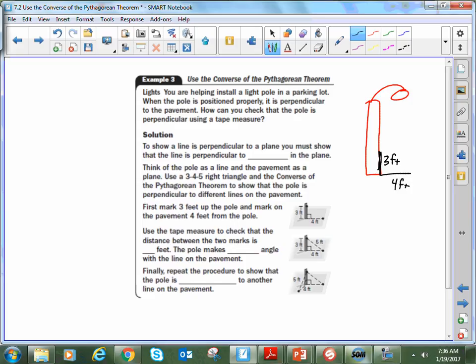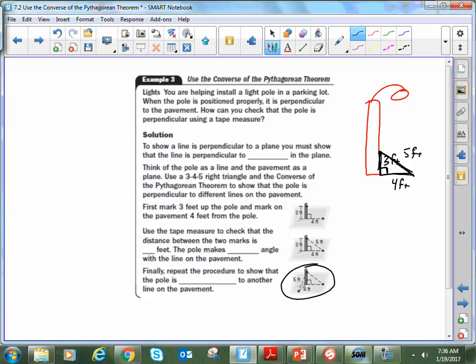If they take their measuring tapes and mark a spot that's 3 feet above the ground and a spot that's 4 feet away from the light post, and they measure the diagonal in between them and see that it's 5 feet, well, we know that it's going to be perpendicular at that point.